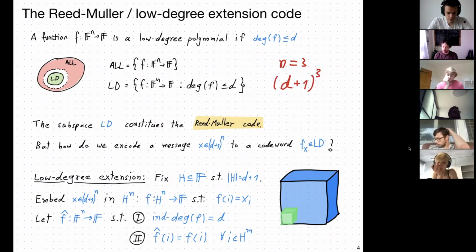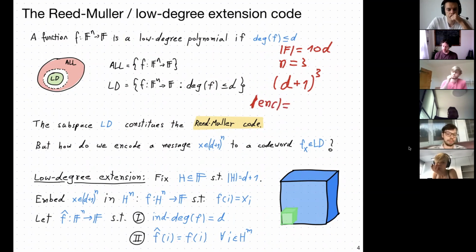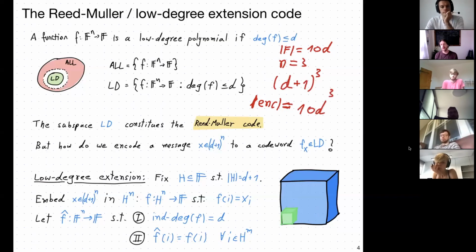And now we choose the size of F to be, let's say, 10 times the degree. So the size of the encoding would be roughly (10d) to the power of 3, which is still linear in d to the 3rd.